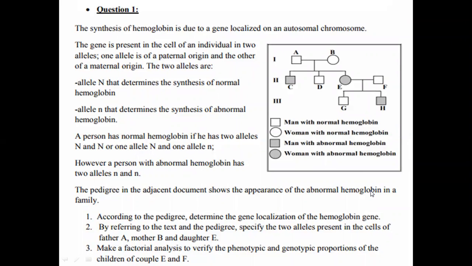And you have to do the factorial analysis to verify the phenotypic and genotypic proportions of the couples E and F. Pay attention, E and F. So I solved about 80% of the homework. You only have to write out parts 1 and 2, and part 3, the factorial analysis, is your job to do. This is your homework for today.